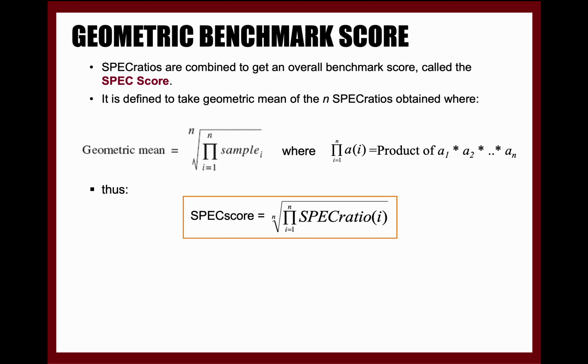Therefore, when we talk about SPEC score, it's simply the geometric mean of all the SPEC ratios obtained during the benchmarking. The final formula is shown as following. In essence, the SPEC score gives us a consolidated metric to evaluate a system's performance by considering all the individual benchmark results.